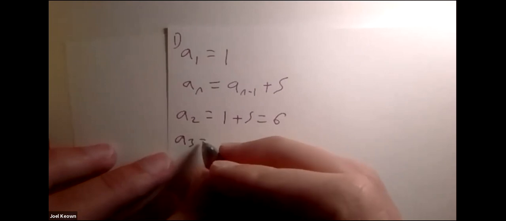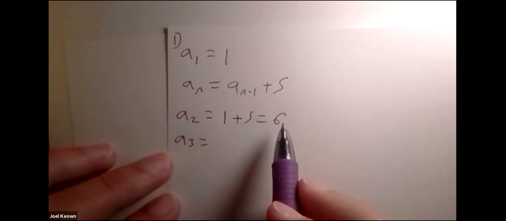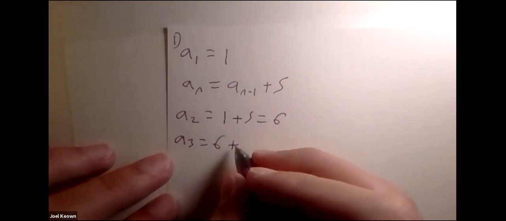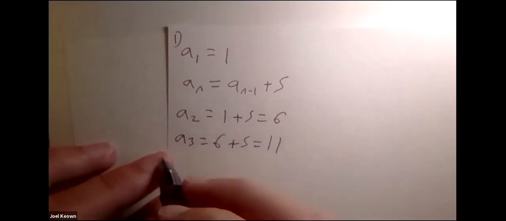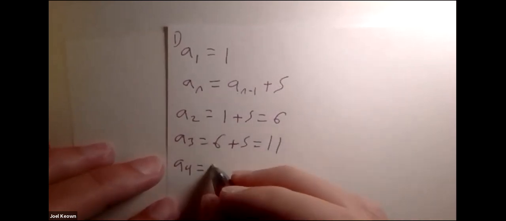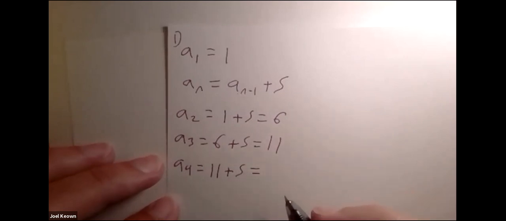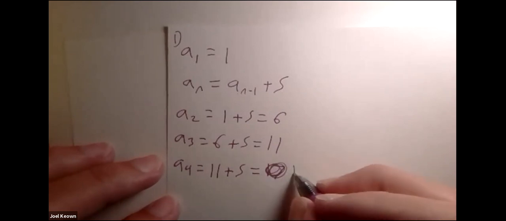A sub 3 equals, well, again, the previous term. If I'm finding the third term, the previous term is 2, which I just found was 6. So I'm going to say 6 plus 5 is 11. Previous is 4. The previous term is 11 plus 5 equals 16.